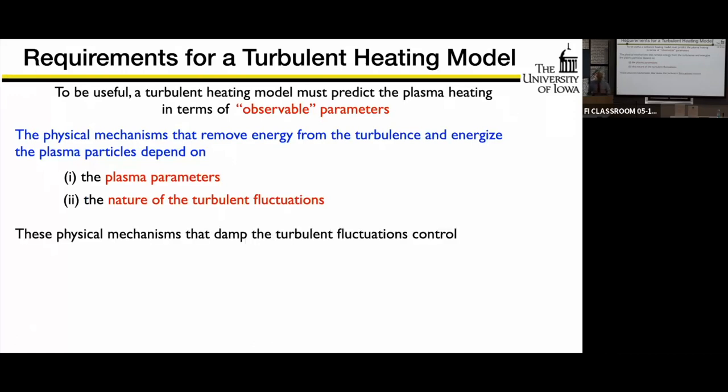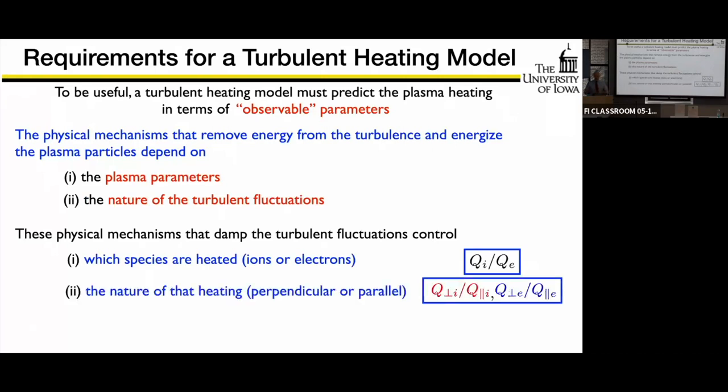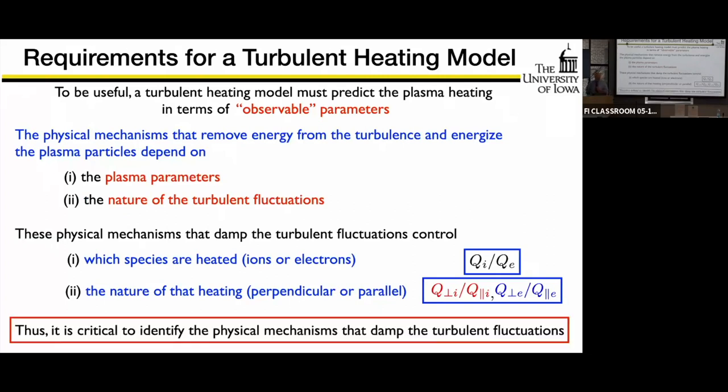These physical mechanisms will damp the turbulent fluctuations, and they will control which species are heated, the partitioning of energy, as well as whether they're heated in the perpendicular or parallel degrees of freedom, again, which has a significant observational consequence. So it's really critical to identify those physical mechanisms that damp the turbulent fluctuations.